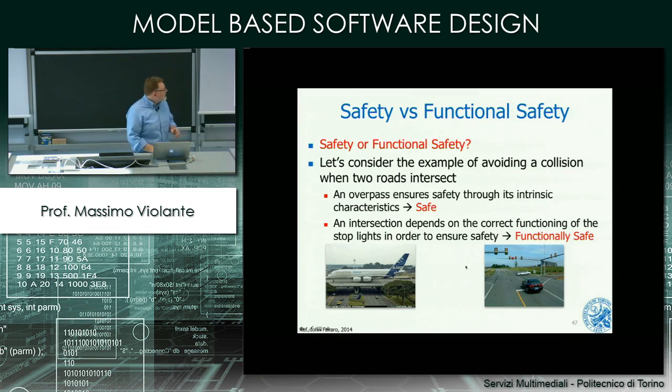Okay. Now, let's have a look at this crossing here. This is regulated by traffic lights. So the traffic light is the function provided by this intersection, by this crossing, that regulates the access to the crossing. So I think that all of us have a driving license, so we should know that when, for example, we have a red light in this way, we have to stop here and the other can pass.